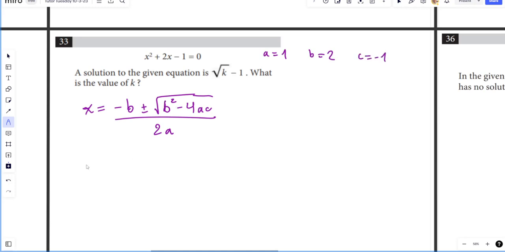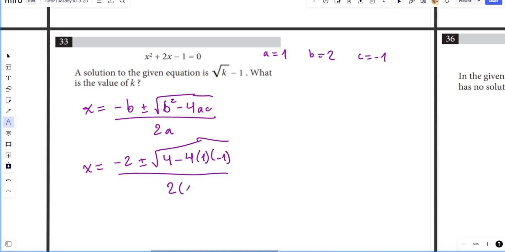We can see that here a equals 1, b equals 2, and c equals negative 1. So if we plug that in, we'd get x equals negative 2 plus or minus the square root of 4 minus 4 times 1 times negative 1, all over 2 times 1.